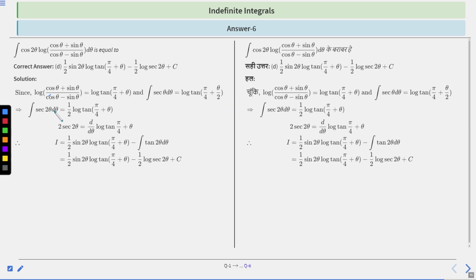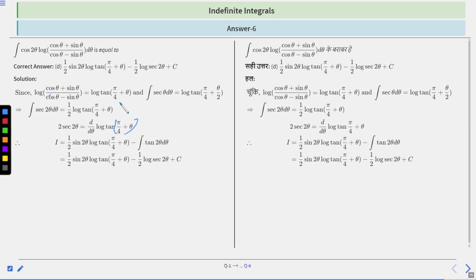Therefore, integration of sec 2 theta d theta will be equal to 1 by 2 log tan (pi by 4 plus theta). Therefore, sec 2 theta can be written as d by d theta of log tan (pi by 4 plus theta).